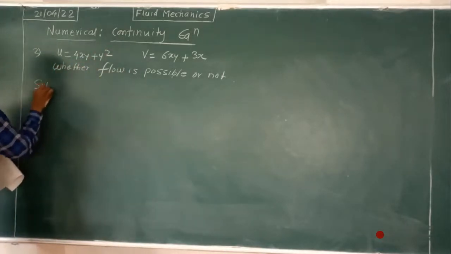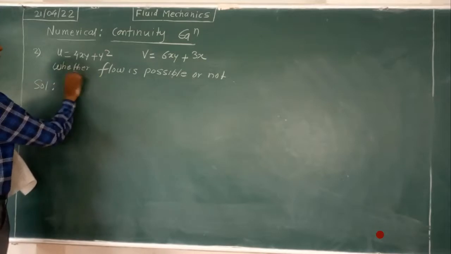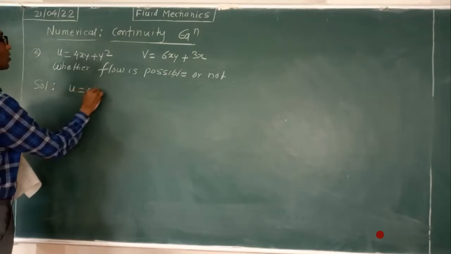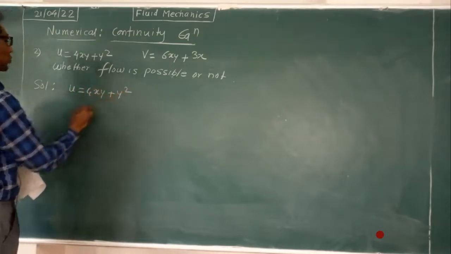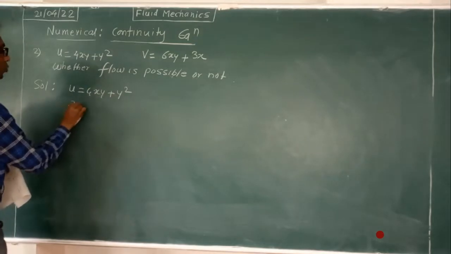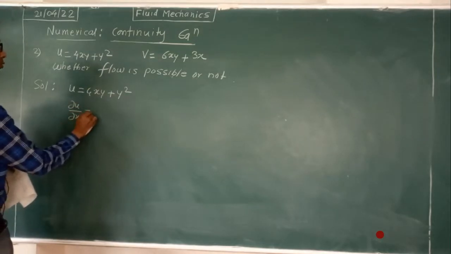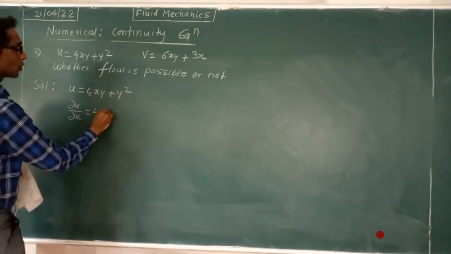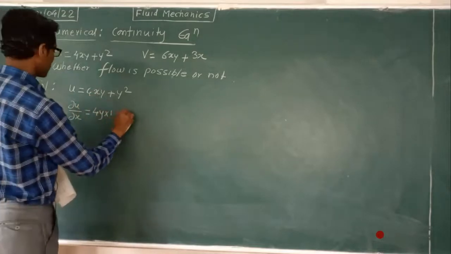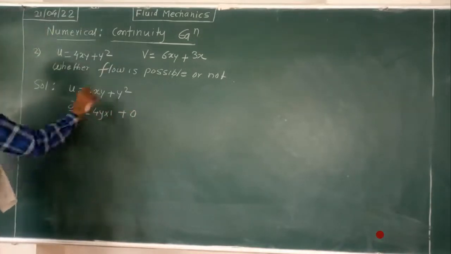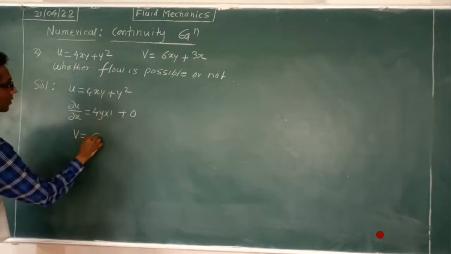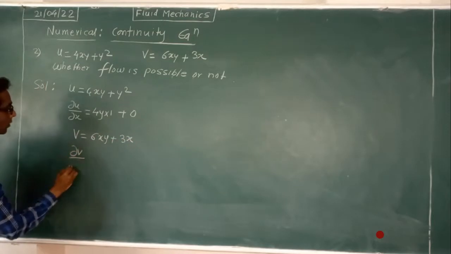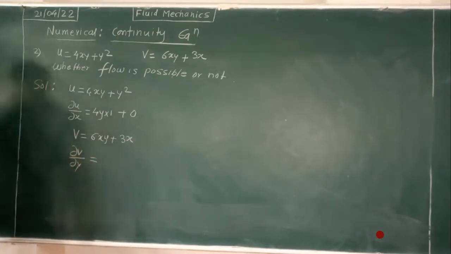So in this case, solution: we will have ∂u/∂x. First of all, u is equal to 4xy plus y². So ∂u/∂x, the derivative with respect to x, will be what? 4y is constant into derivative of x, 1, plus y² derivative 0. V component 6xy plus 3x, derivative of this with respect to y, ∂v/∂y.